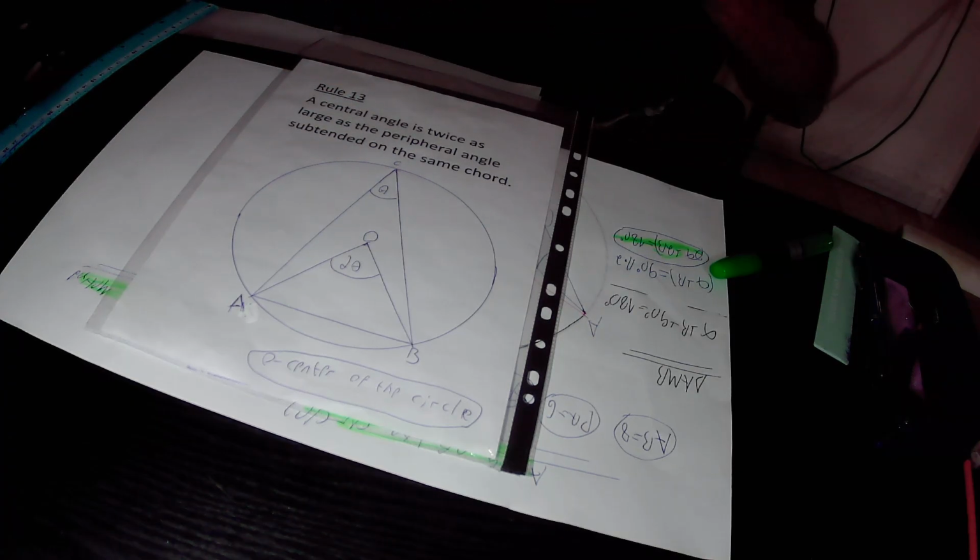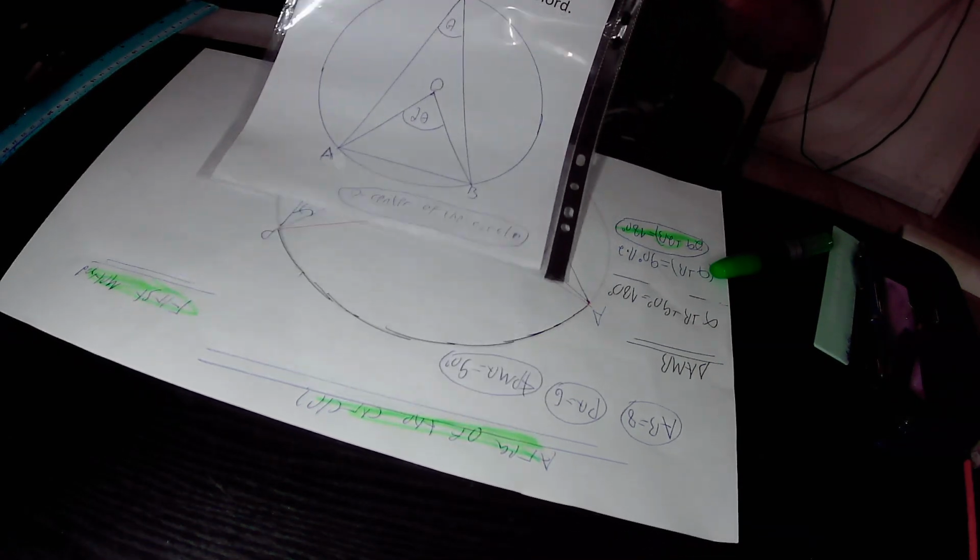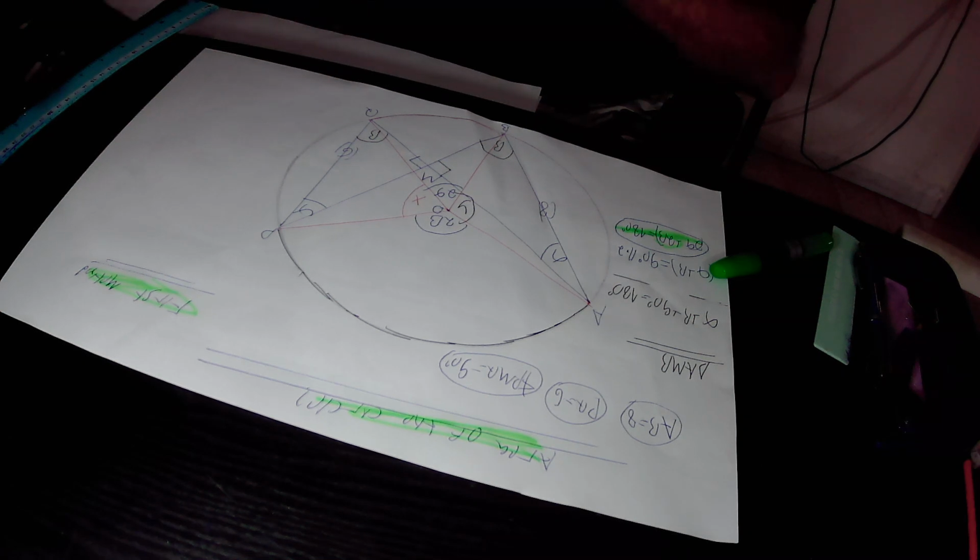So according to rule 13, the center angle is twice as big as the peripheral angle that subtends on the same arc. We can implement rule 13 in our drawing.